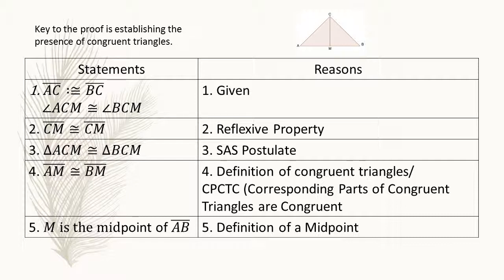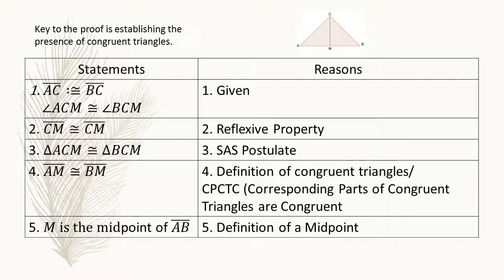Statement number 2, we have line segment CM is congruent to line segment CM. That is by reflexive property. For statement number 3, we have triangle ACM is congruent to triangle BCM by side angle side postulate.